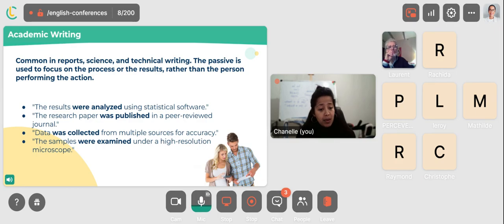The research paper was published in a peer-reviewed journal. Data was collected from multiple sources for accuracy. The samples were examined under a high-resolution microscope.